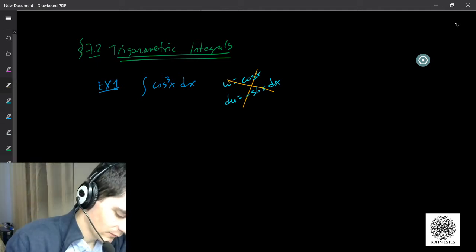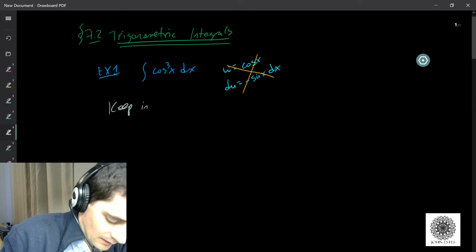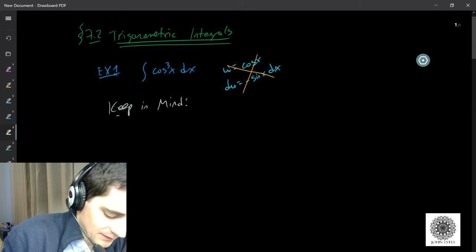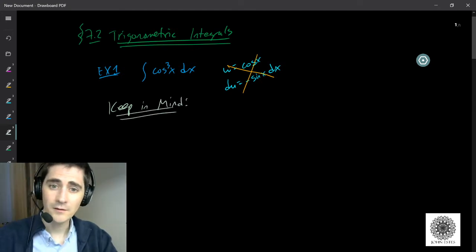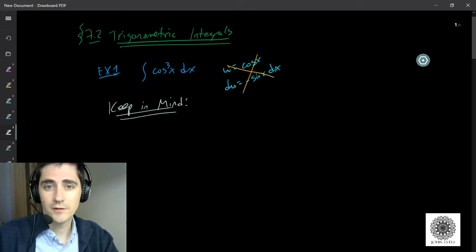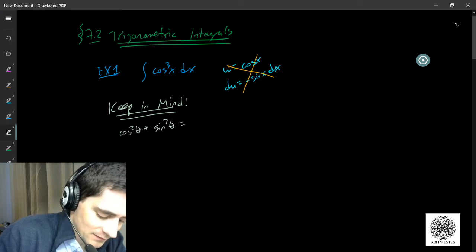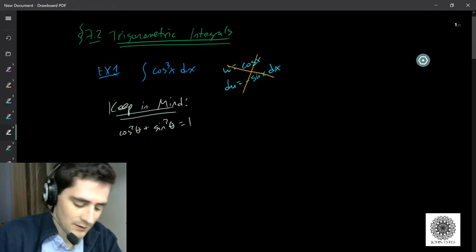So this is going to require a trick, and a few things we need to keep in mind today. We're going to need to know some trig identities. The first one, and the one that we're going to use most commonly, is the Pythagorean identity, that cosine squared plus sine squared equals 1.